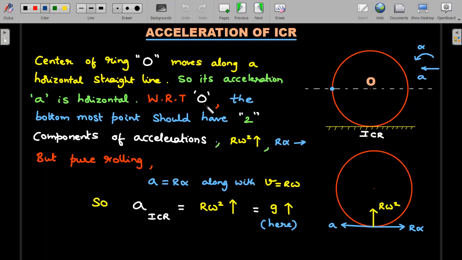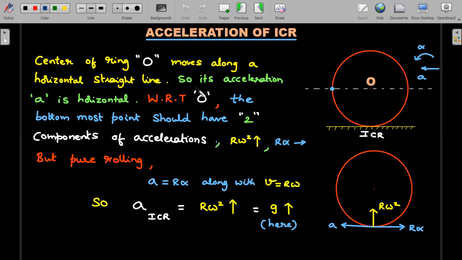Now with respect to this O, which is the geometric center, please understand it's not the center of mass, the bottommost point should have two components of acceleration. In any rigid body planar motion, if you sit on any point associated with the system and watch any other point, it should seem as if that other point is in circular motion with respect to the point of observation.